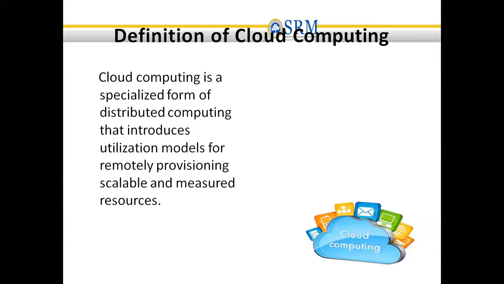Putting the definition of cloud computing, it is a specialized form of distributed computing that introduces utilization models for remotely provisioning scalable and measured resources. So cloud computing is nothing but a distributed computing technology that has various models within it for remotely accessing resources.